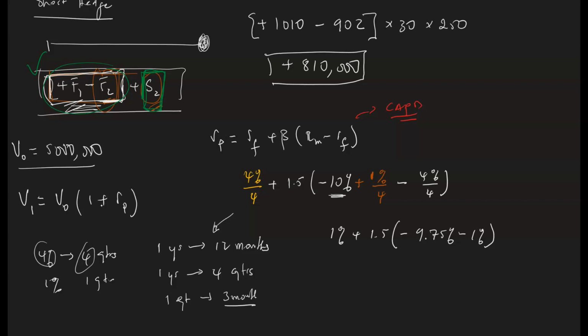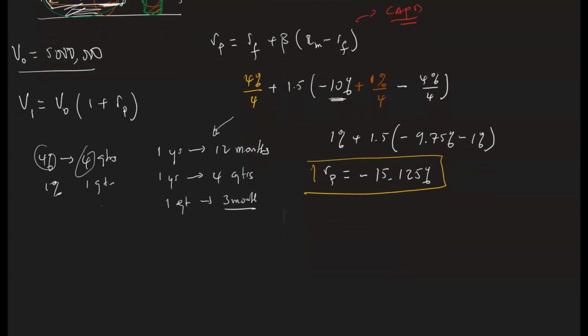And so if we did that, what we would find at the end of the day is that the return on our portfolio, RP, is essentially going to be equal to about minus 15.125%. That would be the return of our portfolio.